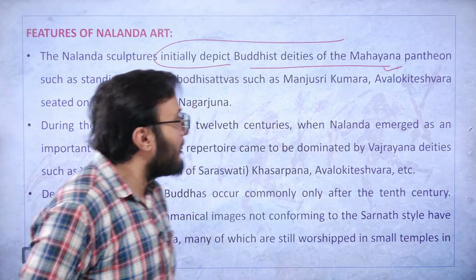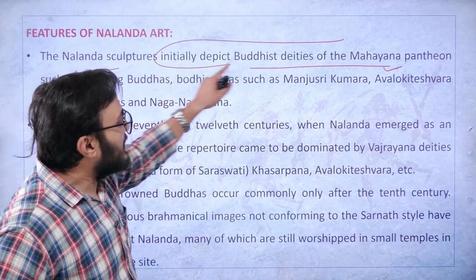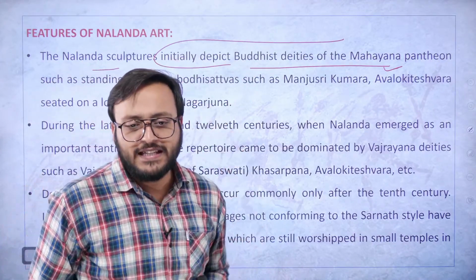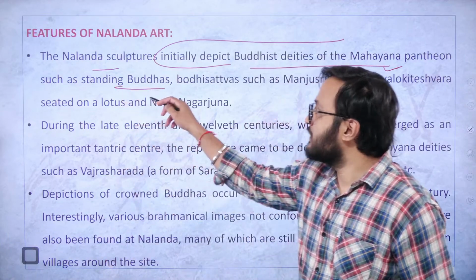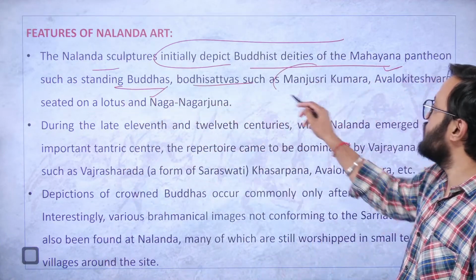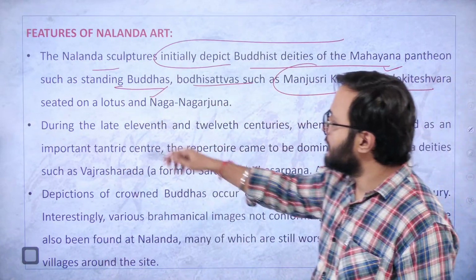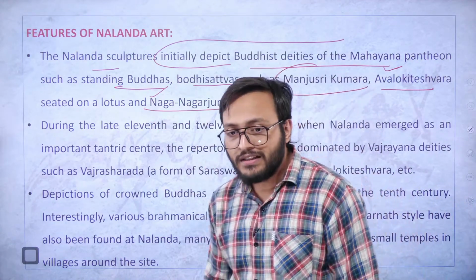What is written here? Initially, they depicted the Mahayana Buddhist deities. For example, the standing Buddha, Bodhisattvas like Manjushri, Avalokiteshwar, Nagarjuna, all these.